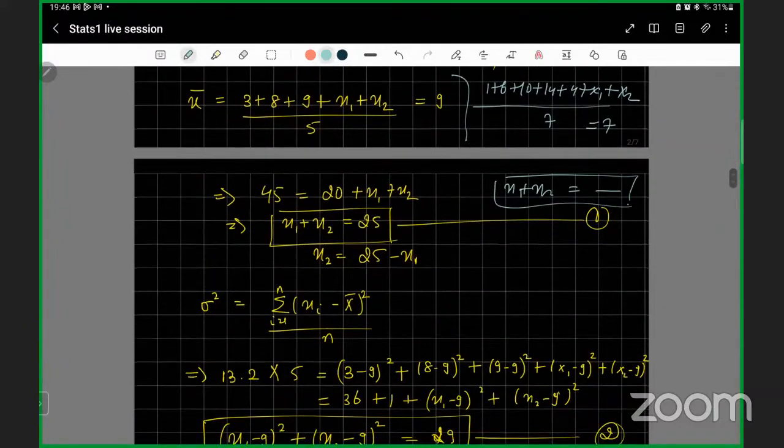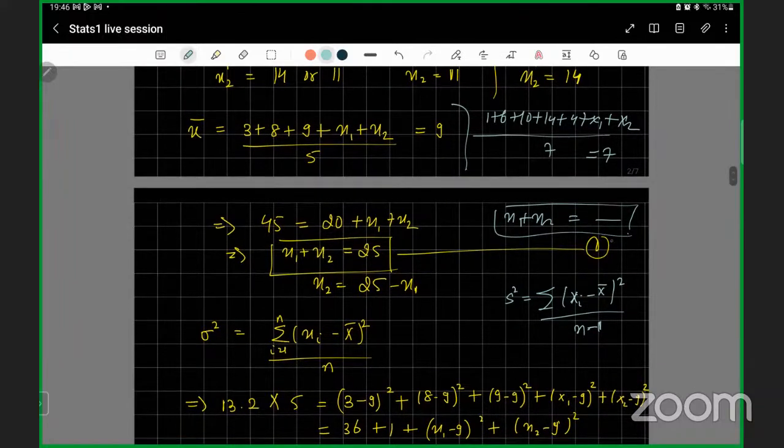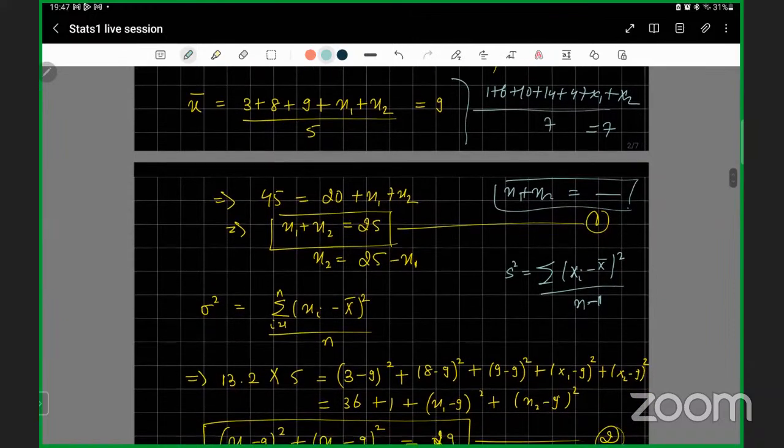Then what do you do? Sample variance, S square, is the sum over xi minus x bar whole square divided by n minus 1. Again, you use the formula. You get 1 minus 7 whole square, then 6 minus 7 whole square, then 10 minus 7 whole square, 14 minus 7 whole square, 4 minus 7 whole square, x1 minus 7 whole square, plus x2 minus 7 whole square.